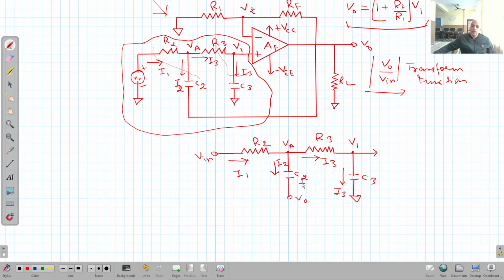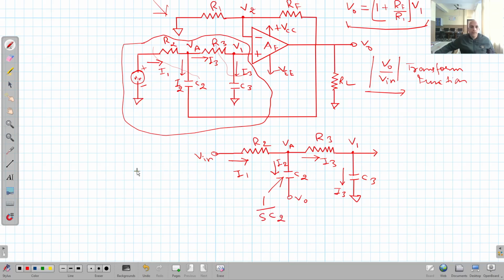Clear? If I write down the value of the resistance, or in more detailed form, I can say that is reactance, right? Capacitive reactance. Then that will be 1 upon SC2.